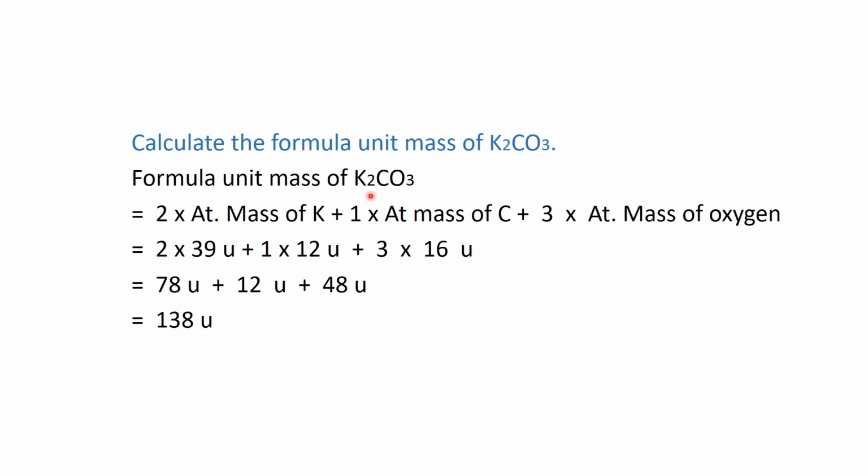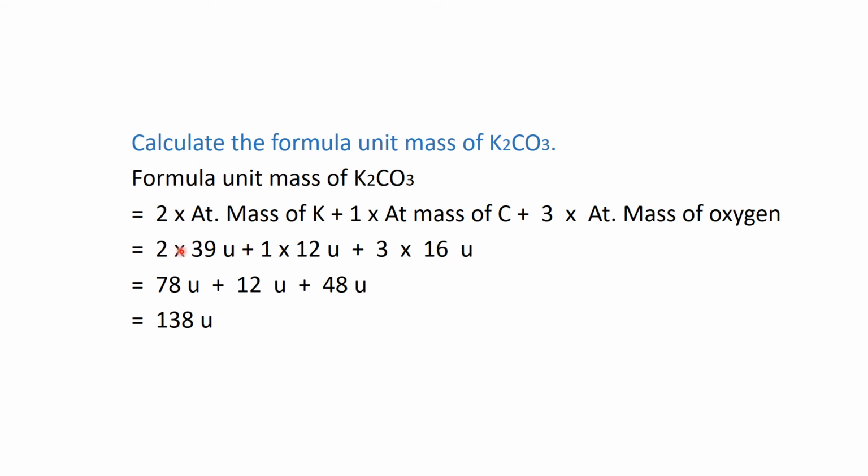You will do the same procedure, because 2 atoms of potassium are there, so you will multiply 2 into atomic mass of potassium, plus you will write 1 multiply atomic mass of carbon, because carbon is a single atom here, so you will multiply atomic mass of carbon by 1 only, it will remain the same. And then O3, 3 atoms of oxygen, so 3 multiply atomic mass of oxygen.